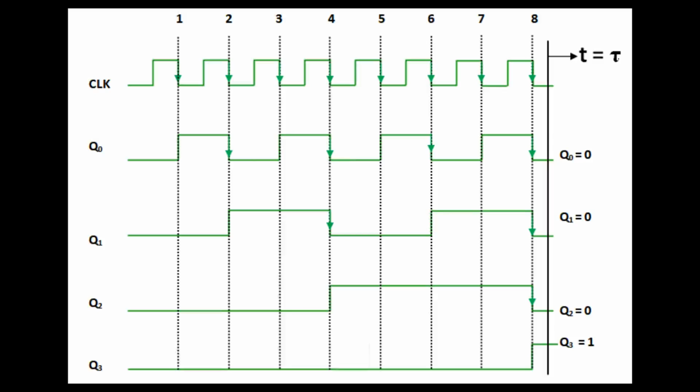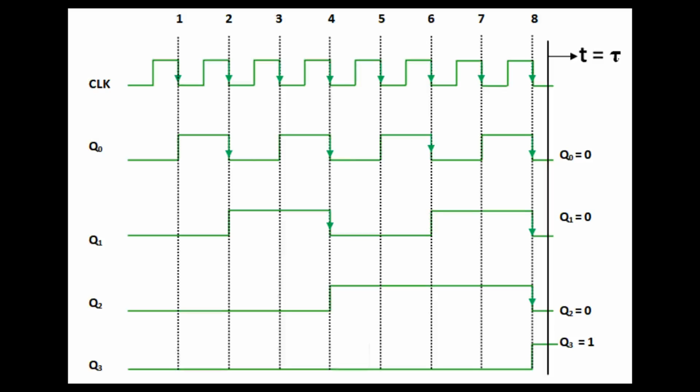So to find the output at t equal to t1, we will draw the timing diagram first. This is the timing diagram for the 4-bit counter. If you see, the clock pulse consists of 8 falling edges. I have marked them as 1, 2, 3, 4 and so on. First we will see the output of the first flip-flop.